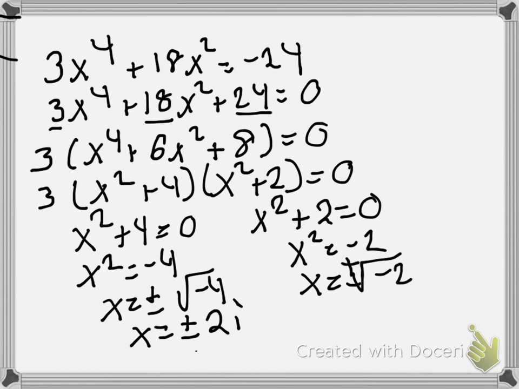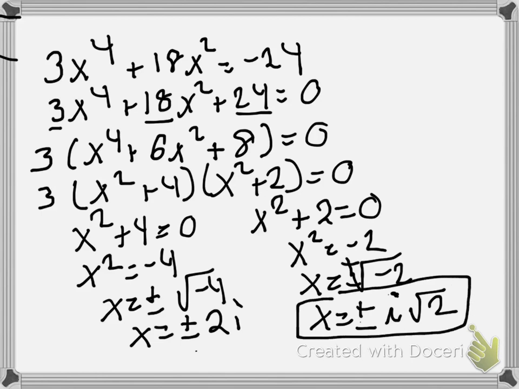Don't forget the plus and minus. And that's just simply x equals plus or minus i root 2, because I can't take the square root of 2 evenly. So how many answers do I have again? There's 2 there, and 2 there, and they're all imaginary, aren't they? Interesting, huh?